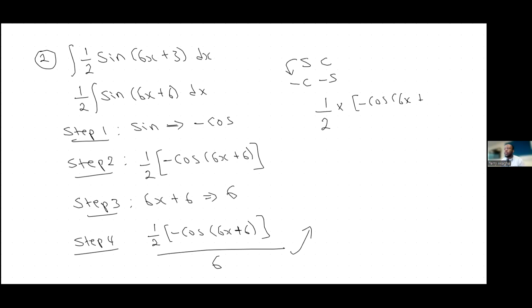The bracket here is 3, and the bracket here is 3. So it will be 6x plus 3 divided by 6. Then 2 times 6 is going to give us 12. So that will now give us minus cos 6x plus 3 divided by 12.